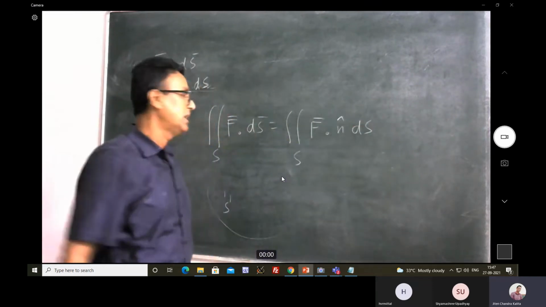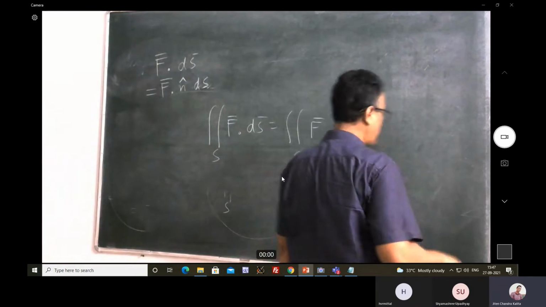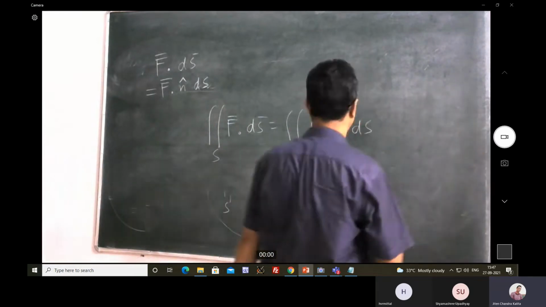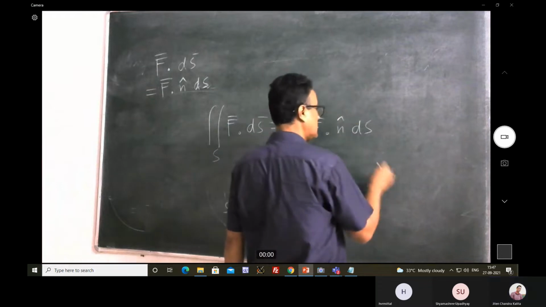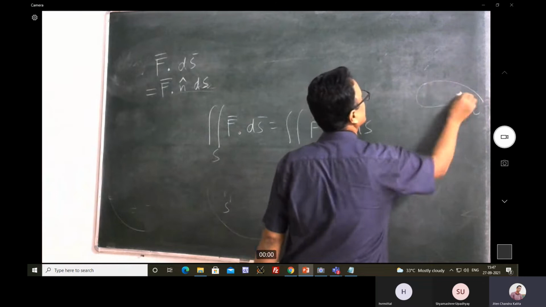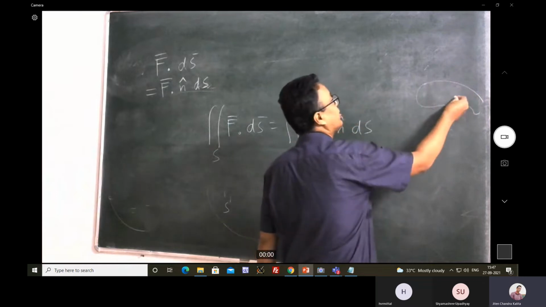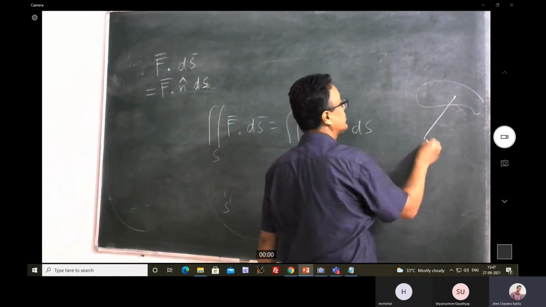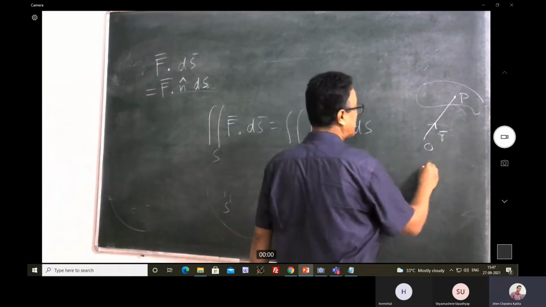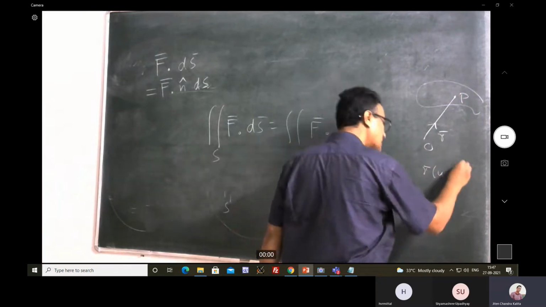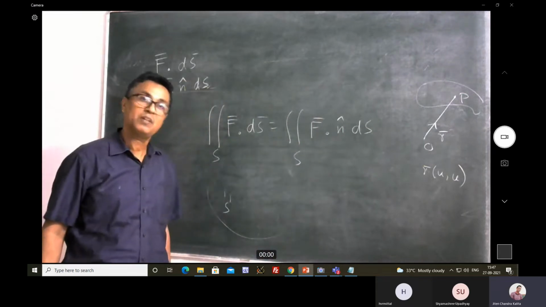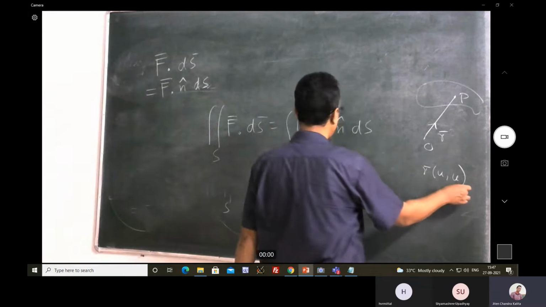As you recall earlier, what we did is consider a surface in such a way that any point on that surface, if you join it with the origin, that vector can be parameterized with the variables u, v.